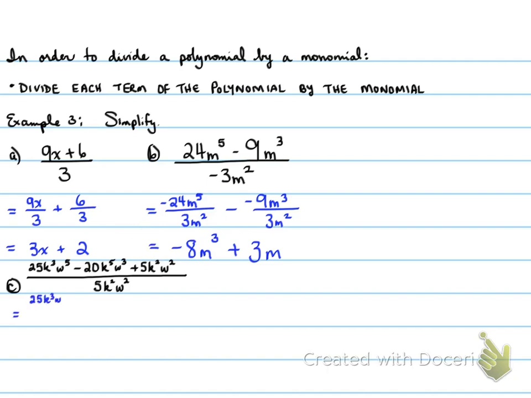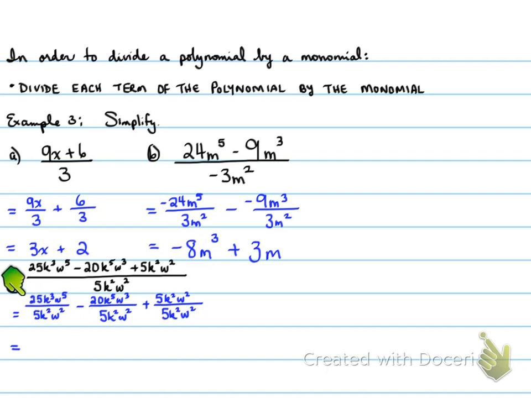So we get 25k cubed w to the 5 over 5k squared w squared, minus 20k to the 5 w cubed over 5k squared w squared plus 5k squared w squared over 5k squared w squared. All right, so what we did, recap, we took the denominator and gave it to each term in the numerator. That only happens when it's a polynomial divided by a monomial.